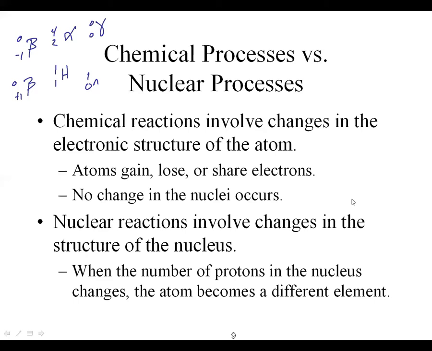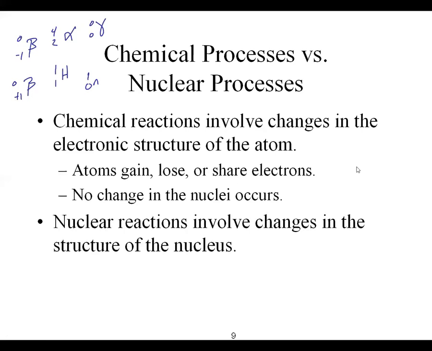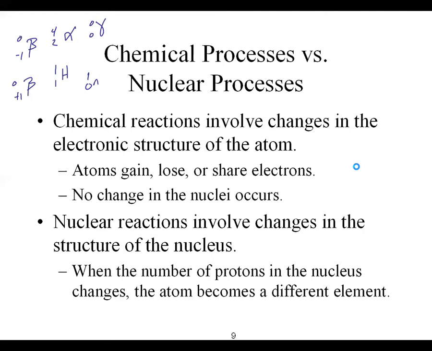So again, if you started with 4 carbons on the reactant side, you should end up with 4 carbons on the product side. The only difference may be that those 4 carbons are in a different species on the product side than where they started on the reactant side. Now, that is very different from what occurs in a nuclear reaction. In a nuclear reaction, we do change the actual components of a nucleus.